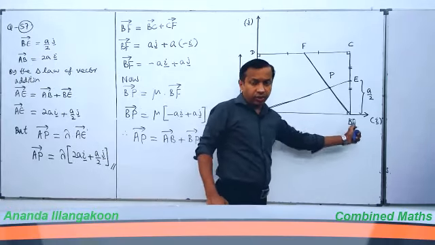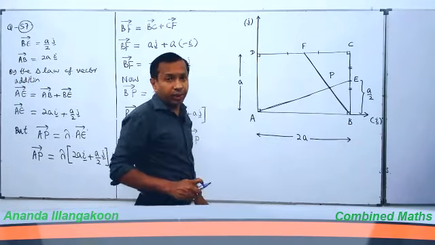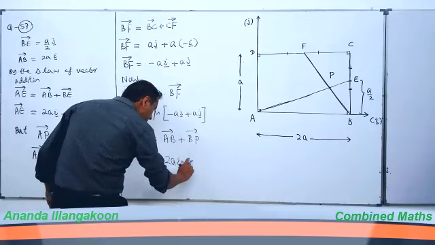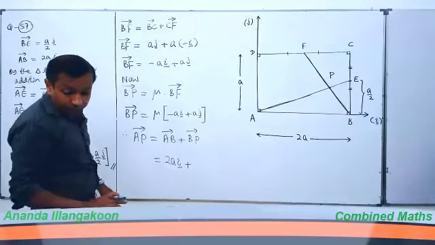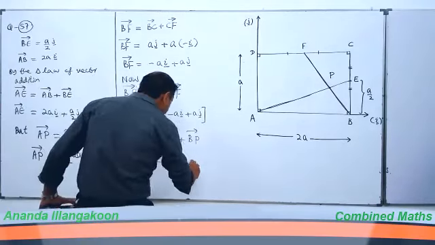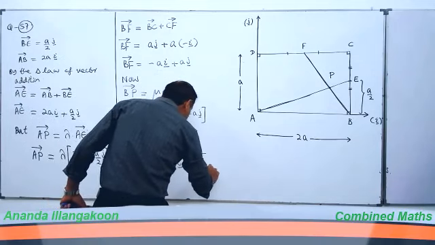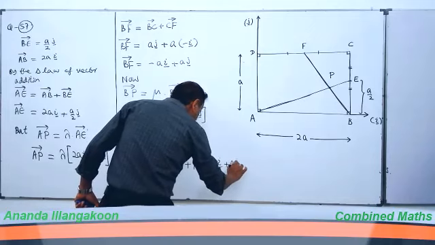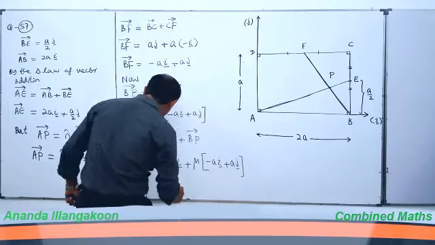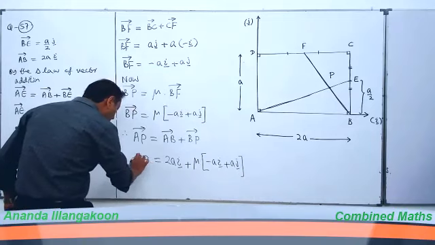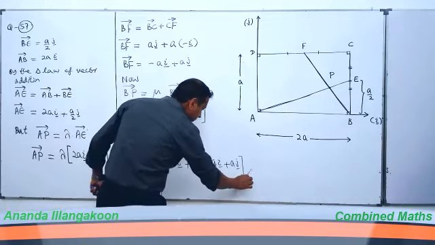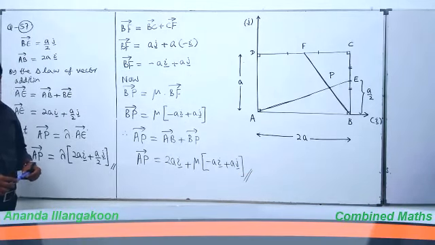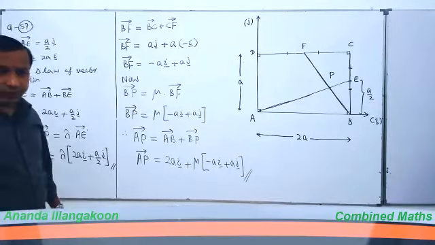Along that direction, the unit vector is i, then 2ai, right? It is nothing but 2ai plus BP vector, this. It is the next answer asked. Mu times minus ai plus aj plus 2ai. This is how we take that answer.